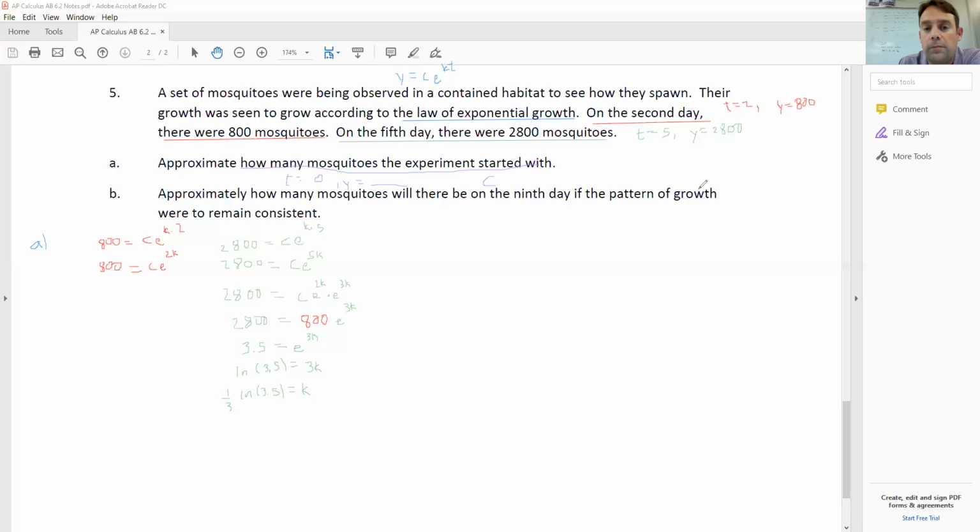From there, I know what my k value is. I'm going to go ahead and plug that back in now. So y equals c times e to the whatever k was, 1/3 the natural log of 3.5, and multiplying the entire thing by t.